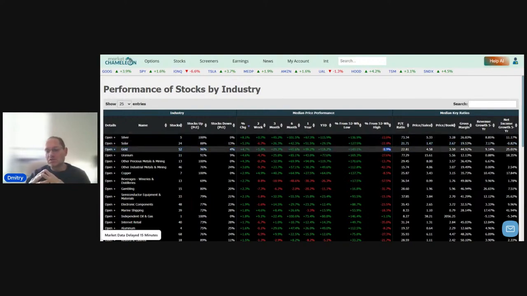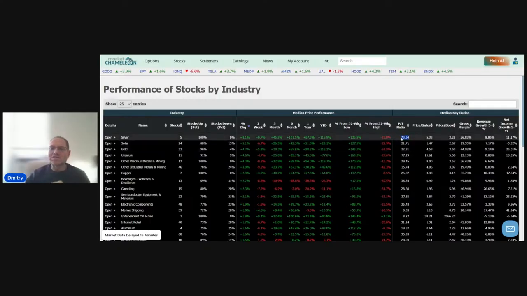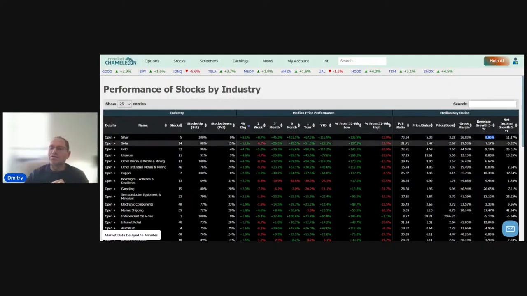Again, these are median measurements. And over here, we also just list the key fundamentals: the median PE ratios, the median price to sales, price to book, gross margins, revenue, and net income growth over a 5-year period.